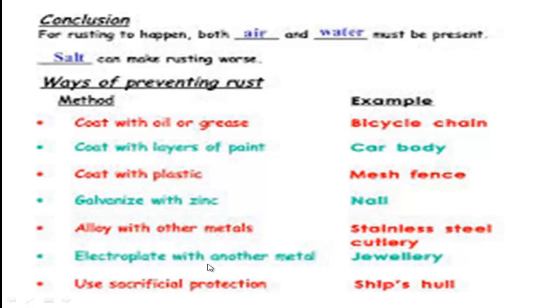Now electroplating with another metal. That means if we cover an ionic substance with another metal through an electrolysis process, this is called the electroplating process. Such as we use jewelry. Generally we use gold plated jewelry.